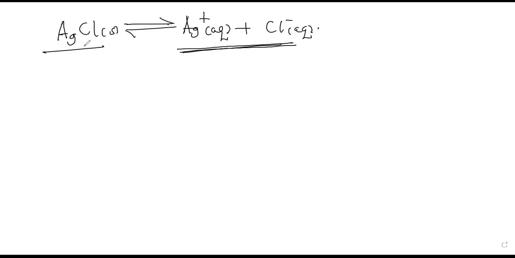Now, solubility product, as per the heading, only applies to sparingly soluble salts. So here we are going to specifically deal with the sparingly soluble salts. Those sparingly soluble salts are many, and among them is silver chloride itself.